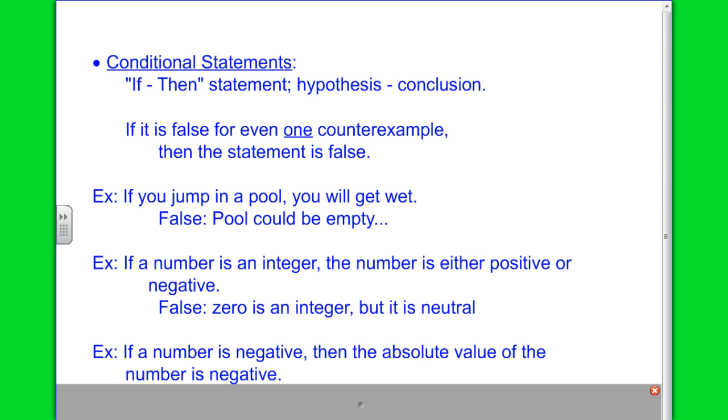Okay, last one. If a number is negative, then the absolute value of the number is negative. Anybody think of a counterexample? Can anybody give me a counterexample to that? Shay?